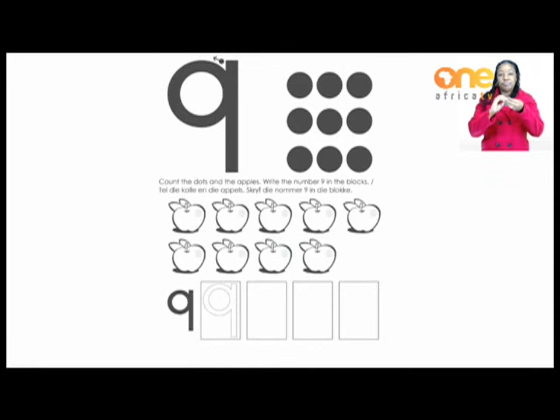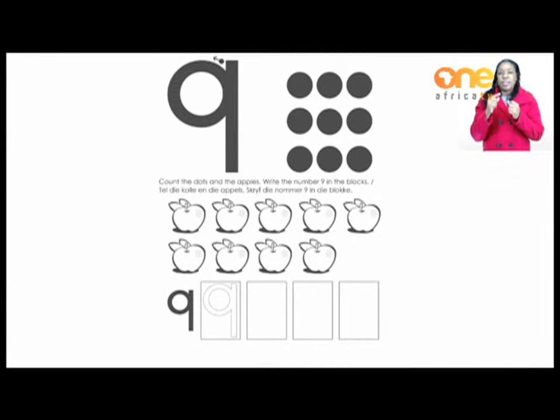Now we would like to count the number of blocks, the number of dots which are on the right-hand side of the booklet. Let's count together. 1, 2, 3, 4, 5, 6, 7, 8, 9. That is correct.